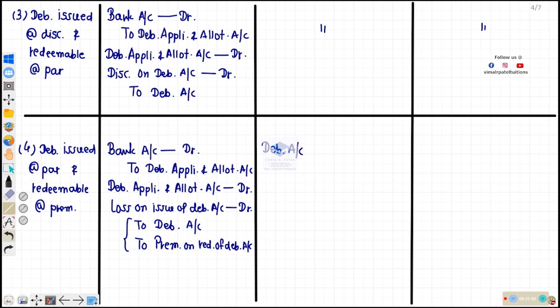Debenture account debited 100, premium on redemption of debenture account 10, to debenture holder 110, and debenture holders to bank 110. Okay.